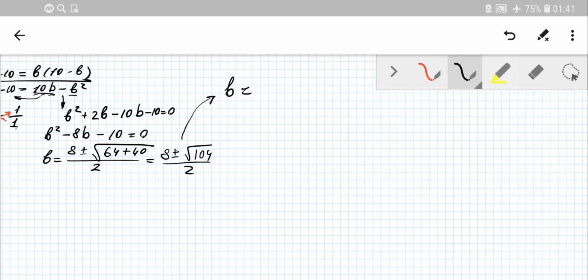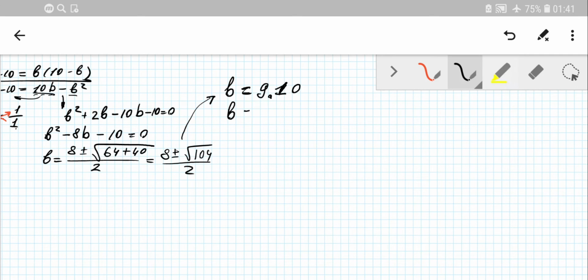Okay, let's see. Use a calculator and first add square root of 104 and then divide by 2. Okay, so what I've got when I use plus is 9.1 if we round to 2 decimal places. Okay, so that's what I've got for b.